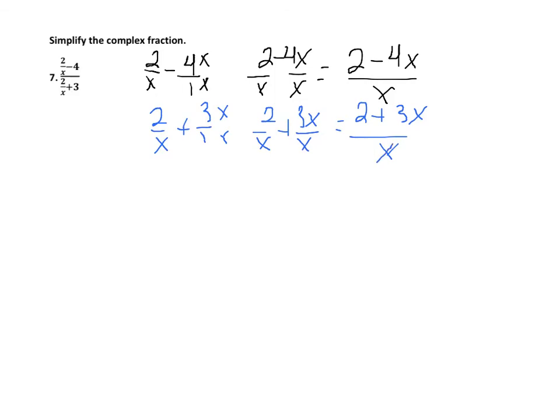So there's my bottom. So now I have this. Two minus 4x over x divided by 2 plus 3x over x.